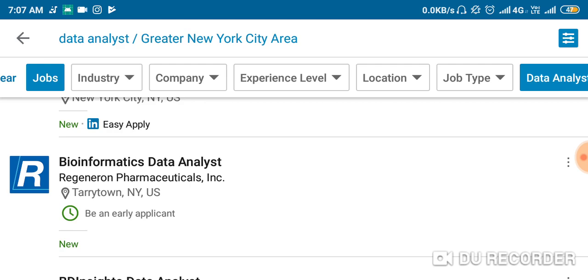Now there are a lot of startups, and every day I get above 100 jobs. So you know how many opportunities there are in this world for data scientists. So we should not waste our time.